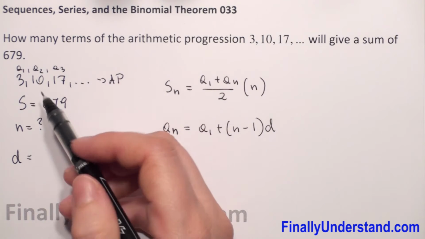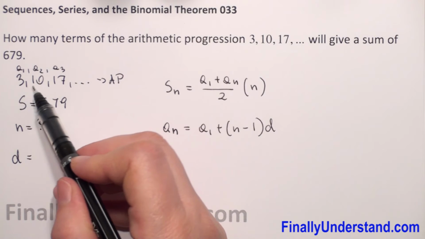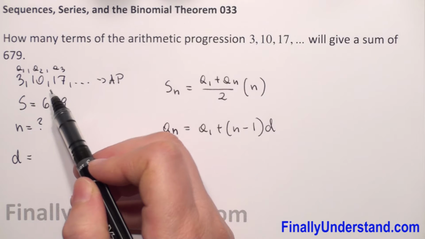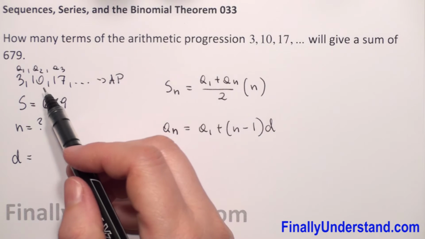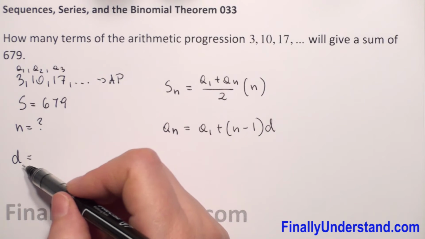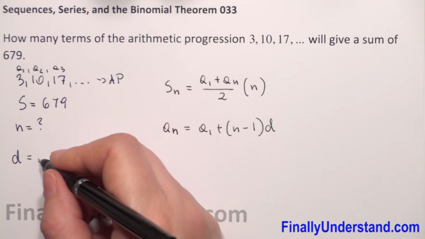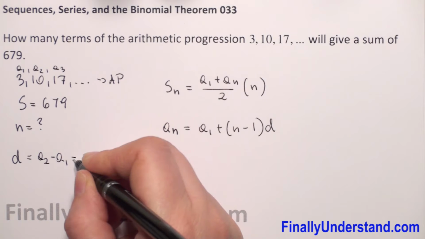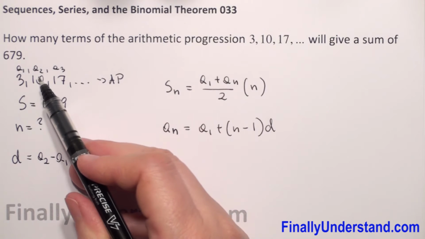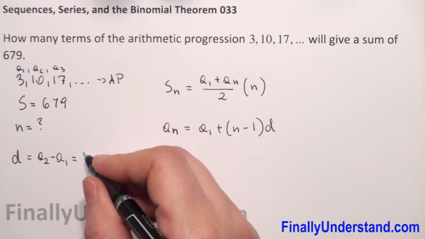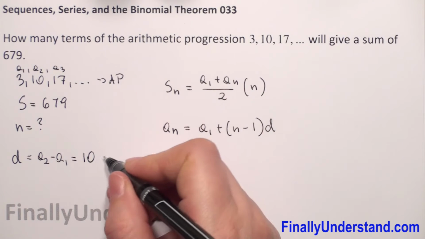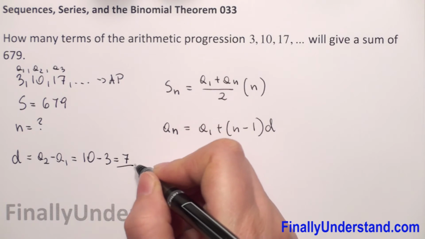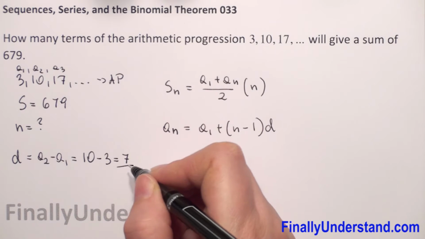To find d, we choose two consecutive terms and subtract the first one from the second. We can subtract a1 from a2, for example, or a2 from a3. a2 is 10 and a1 is 3, so 10 minus 3 is equal to 7. d is equal to 7.